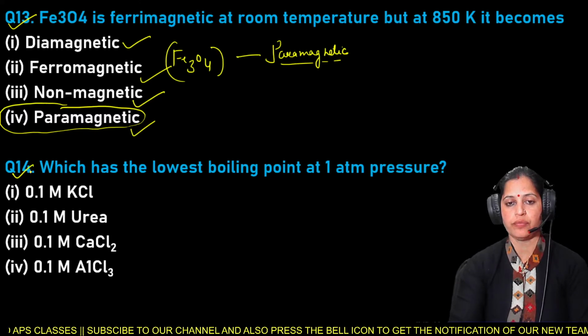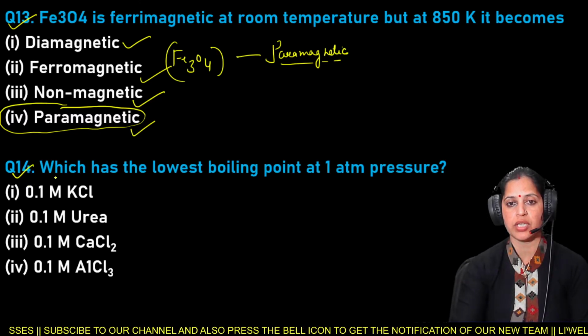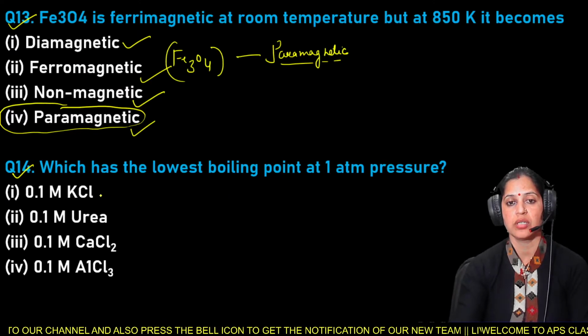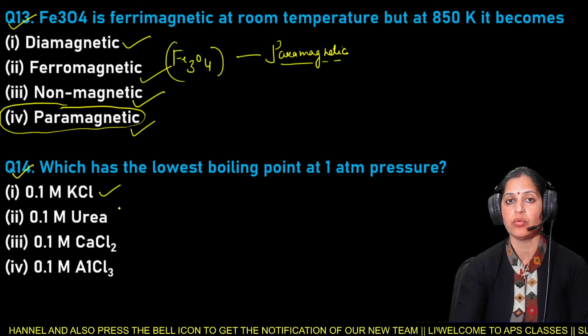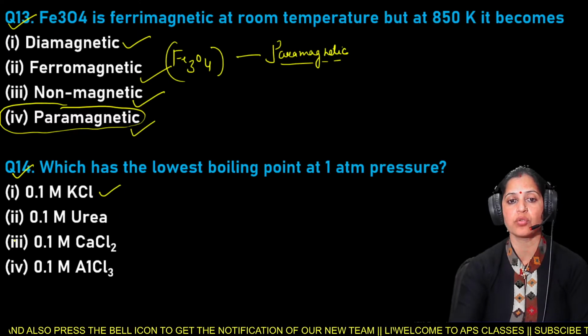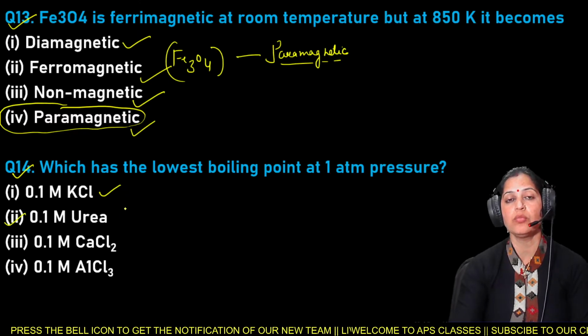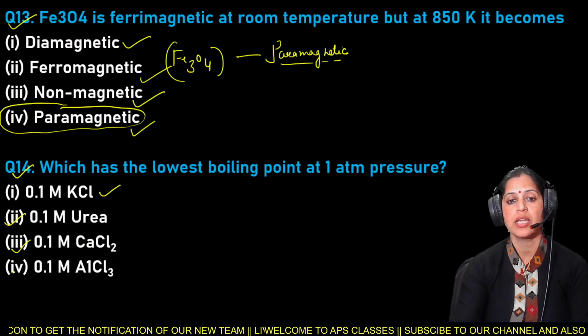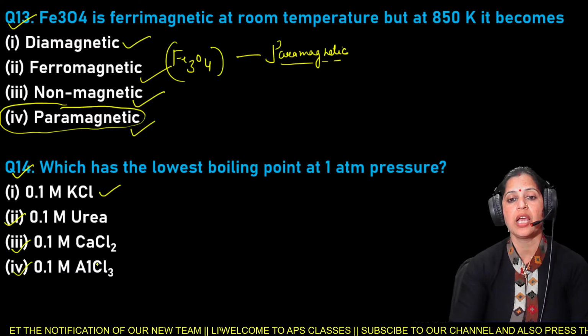Now shift to question number 14. Question number 14 is: which has the lowest boiling point at 1 atmospheric pressure? Options are 0.1 mole KCl, that is potassium chloride, 0.1 mole urea, 0.1 mole calcium chloride, and 0.1 mole aluminum chloride.